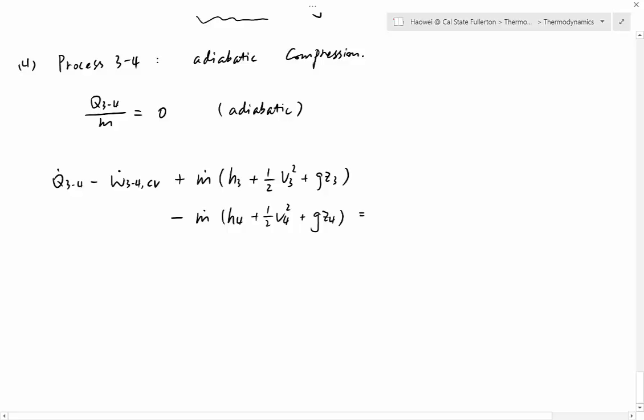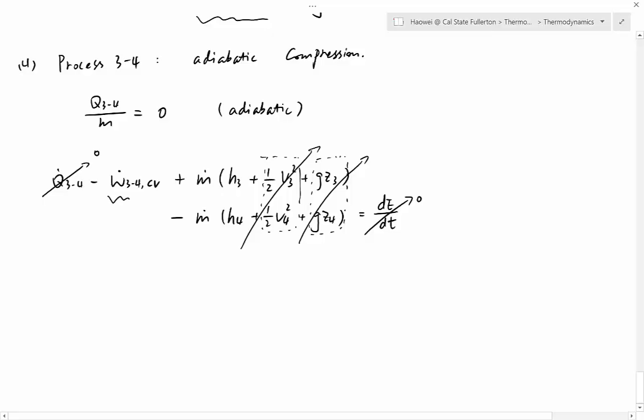Right hand side is still the same, dE over dt. And same as before, right hand side goes to 0 because it is steady state. Q dot 324 must be 0 because there's no heat transfer. Neglect the change of kinetic energy, and also neglect the change of potential energy, just like before.